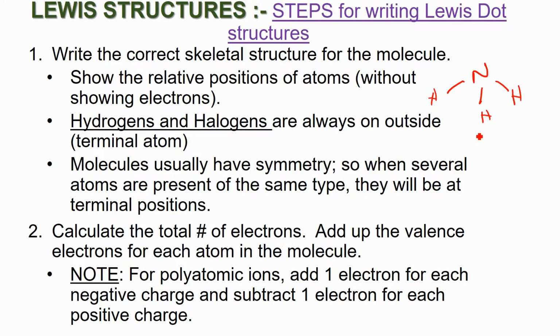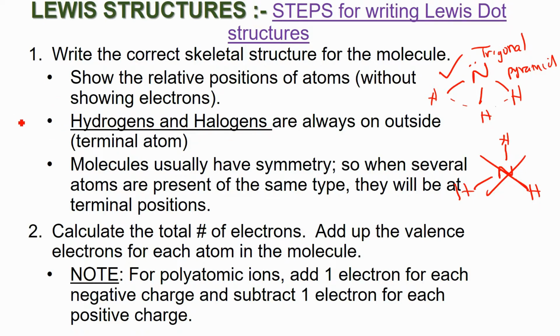Why is it drawn like this and not just like this, like sitting on the surface of your desk? Because this one is said to be trigonal pyramidal because it's 3D. Well, of course, this is trigonal planar. This is wrong. So why is this correct? We're going to explain that using Lewis structures, following Lewis structure rules and steps.